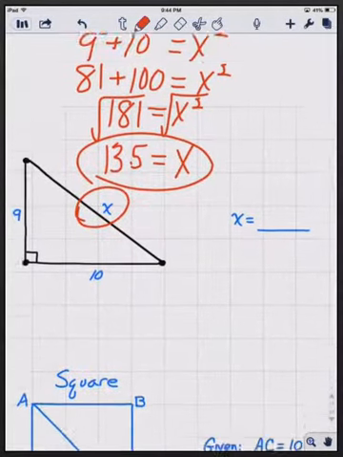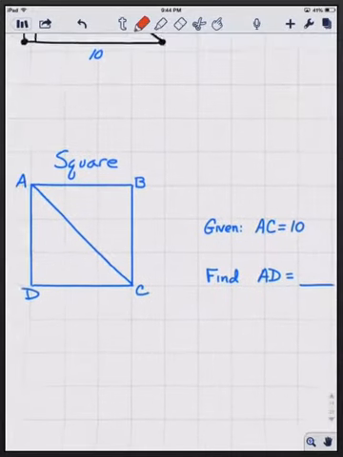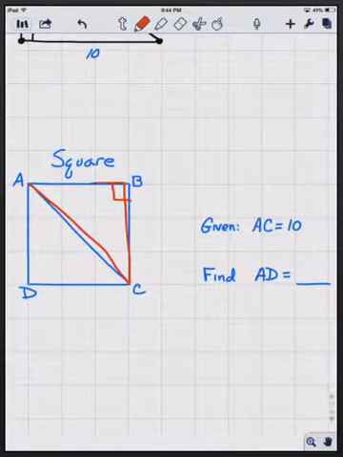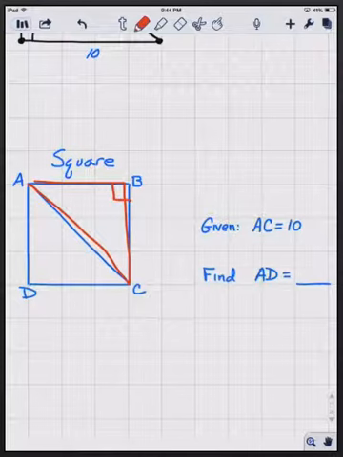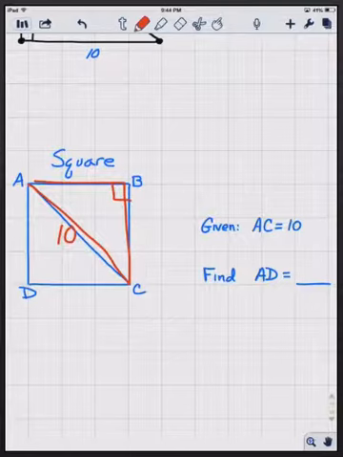for that answer. For the next problem, we're still going to use the Pythagorean theorem. When you draw a diagonal for a square, you have two right triangles, and in particular, we'll look at triangle ABC, where B is the vertex of the right angle. Segment AC is given as equaling 10, and because it's a square, if we're looking for the distance from A to D, if that's x, they're all x's.